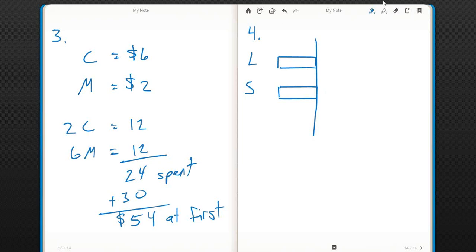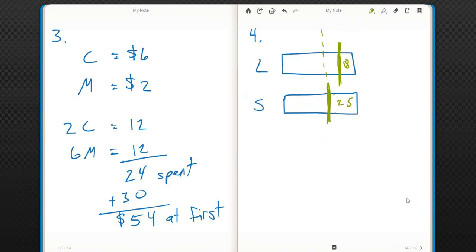Lily spent $18, and Sarah spent $25. And after that, Lily had twice as much money as Sarah did.